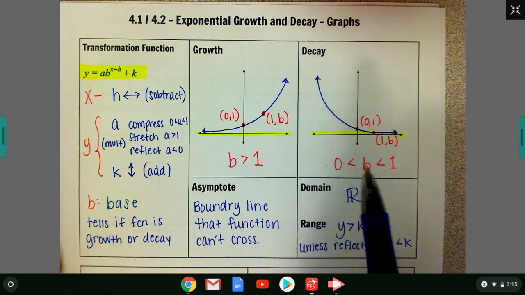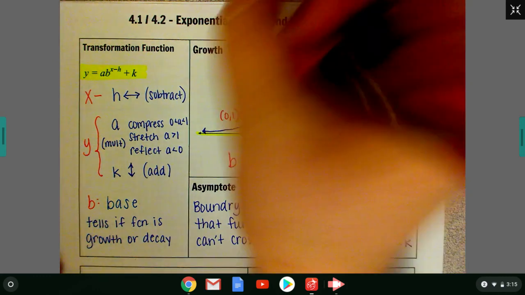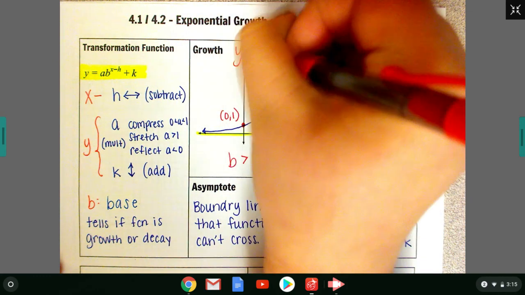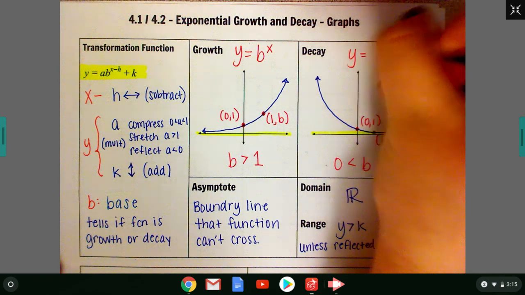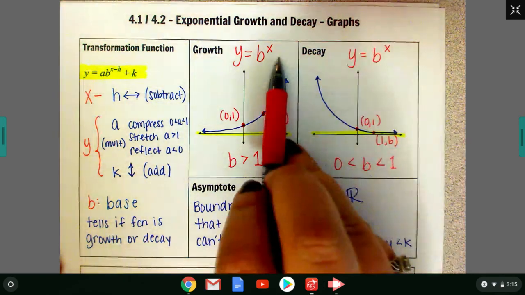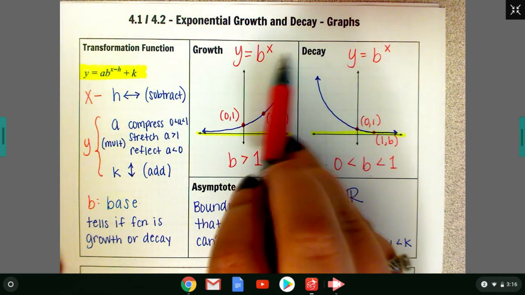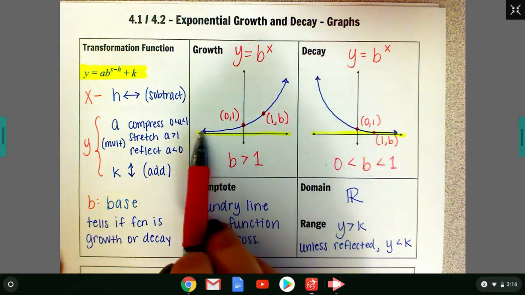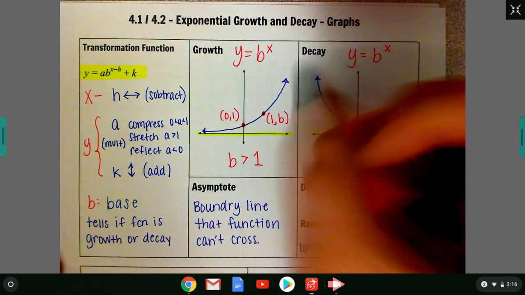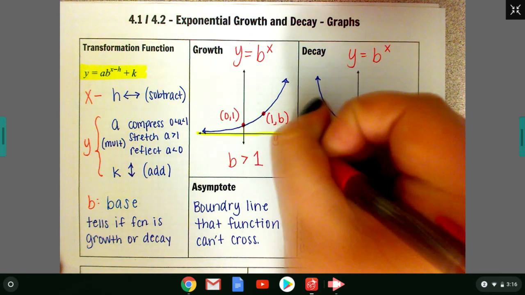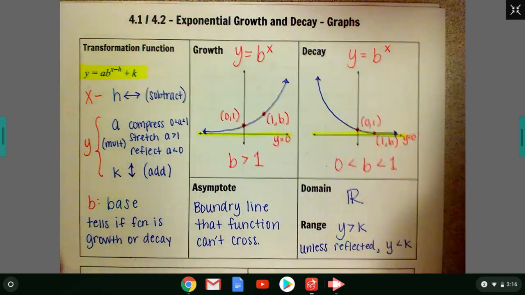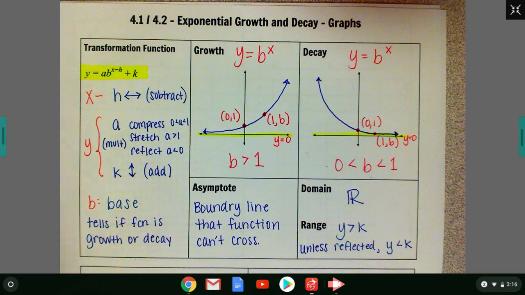But for our two parent functions, each of these equations is y equals b to the x, and we have nothing getting added to it. So since there's nothing right here, k is 0. So our asymptote line here is the line y equals 0 for each of these. But if that number changes, then that'll change as well.